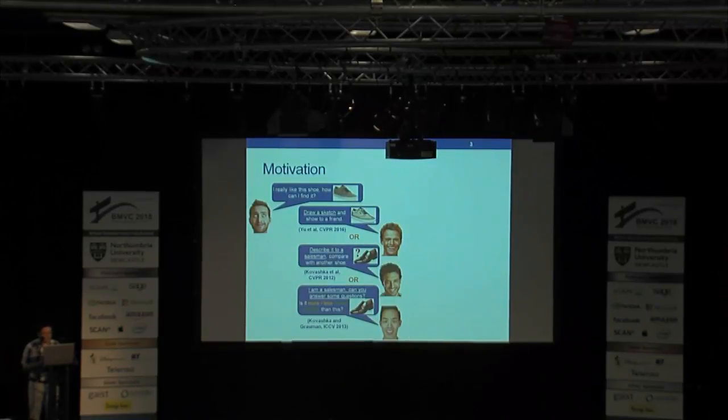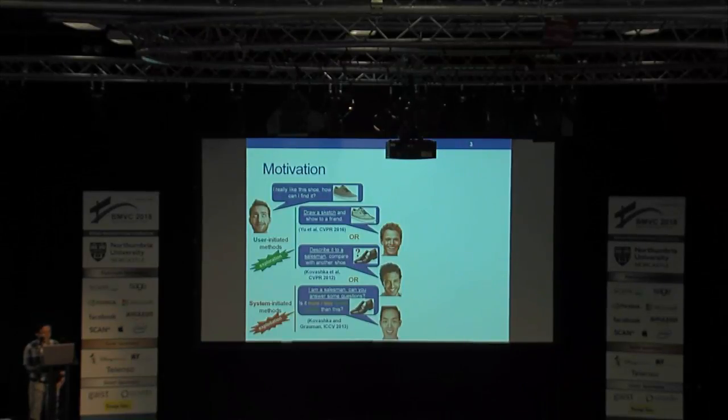If we look closer at the first two, both are user-initiated methods because the user starts the interaction in the form of a sketch or a description. Also, they are exploration-like methods because they help reduce the search space and concentrate on certain parts. And the last one is a little different.